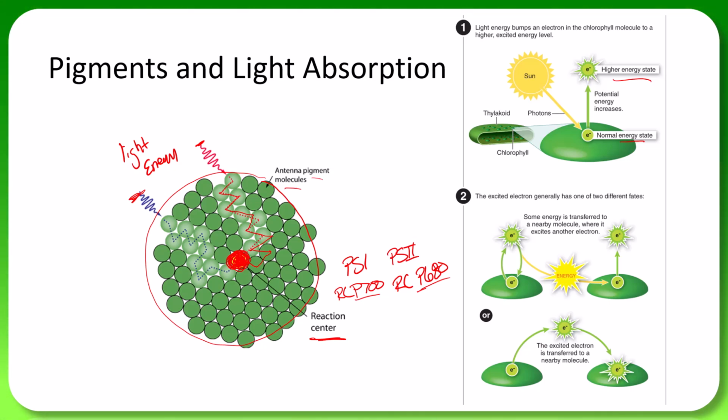The plants are utilizing the sunlight energy, focusing that energy through a series of mirrors. Again, this is an analogy. Focusing all of that light energy on one reaction center energizes these electrons, taking them from a normal energy state to a higher energy state. Then these high energy electrons allow us to do something with that energy.